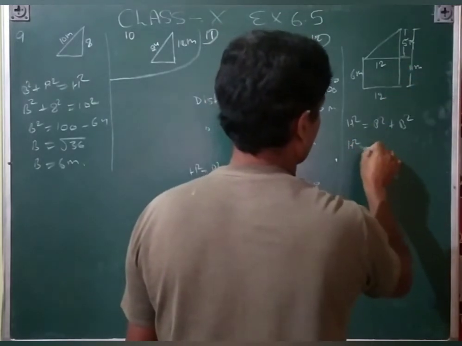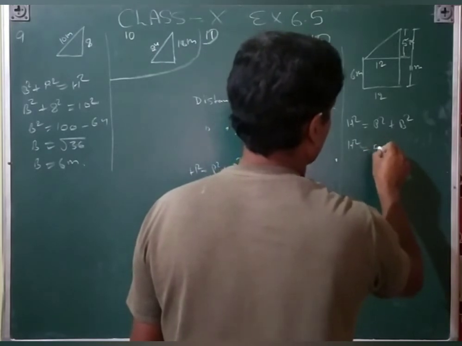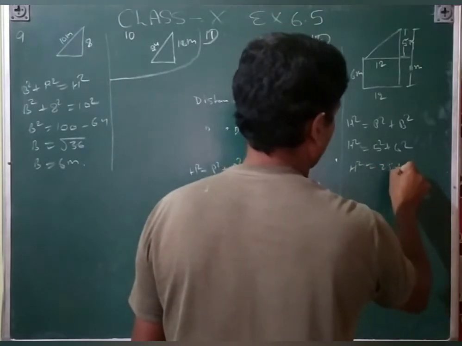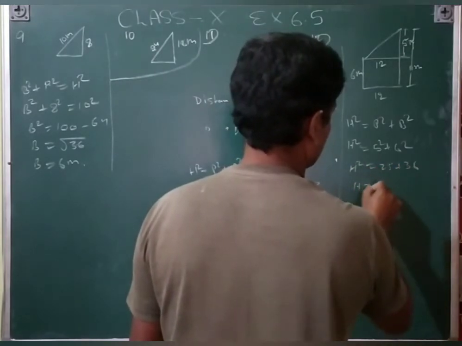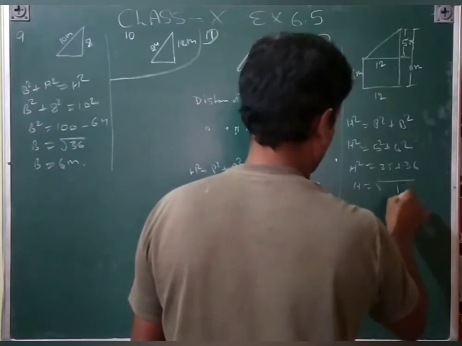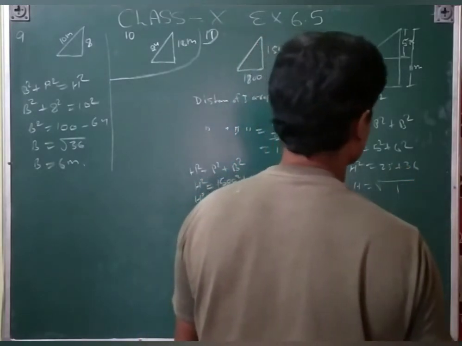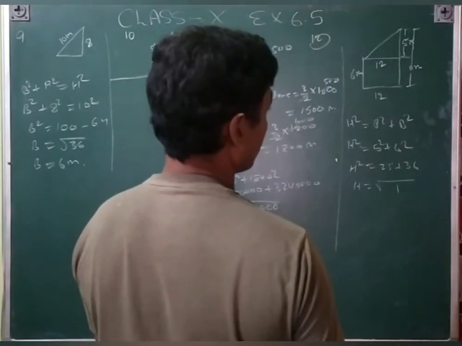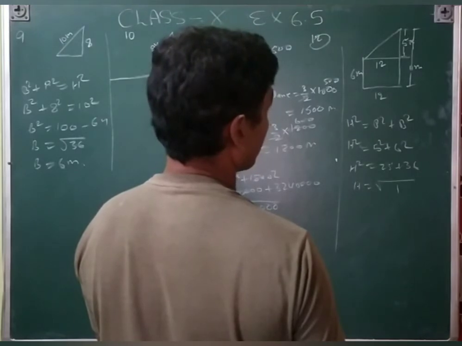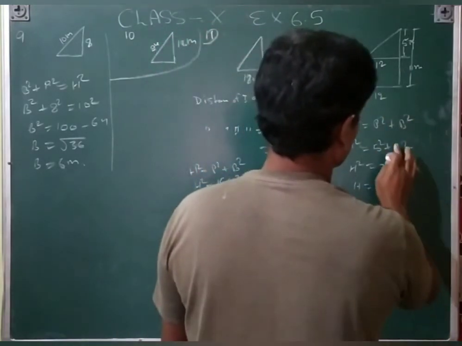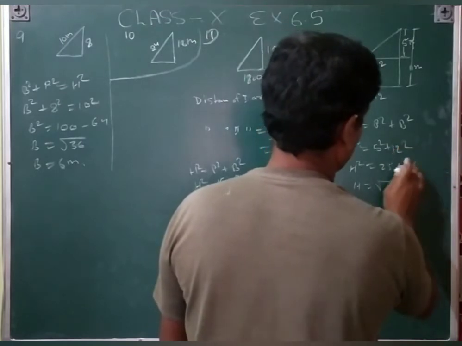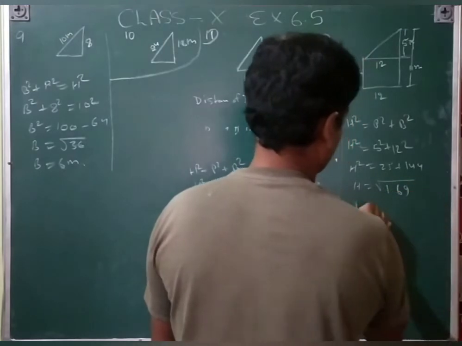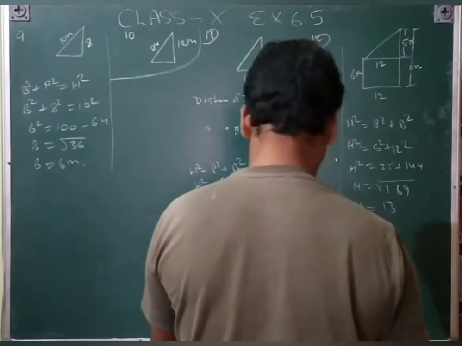So h square is equal to 5 square plus 6 square, that is 25 plus 36... Sorry, this is 12, the base is 12. 12 squared is 144, so that is 169, so h is equal to 13.